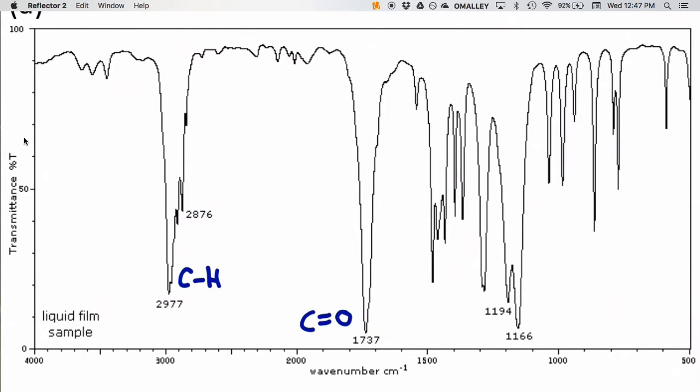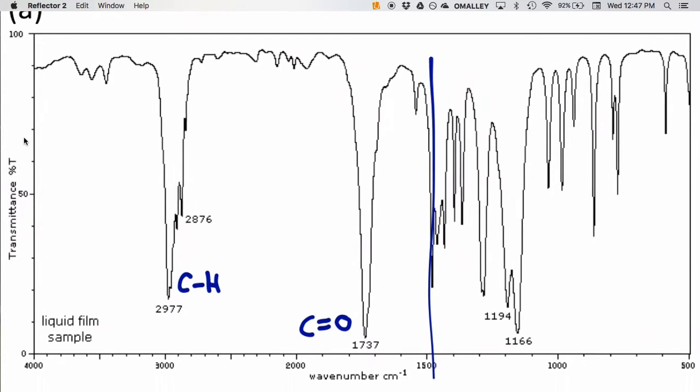That's probably a CO double bond if you look back up at the reference chart above. And then I really don't look at much beyond 1500 because that's where you get to the fingerprint region. I know we're seeing a couple of small peaks down here. Those are due to some of those other vibrations that we get in an IR spectrum. It's really the broad and sharp peaks that we look at.